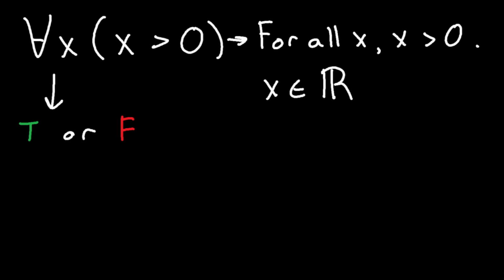The domain includes negative numbers, therefore X is not greater than 0 within this domain. If there's a single instance of your domain giving you a value of false for this quantifier, then the entire statement is false.